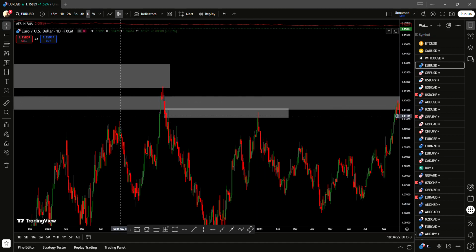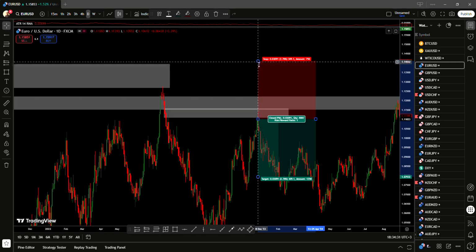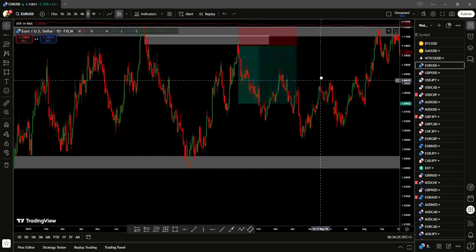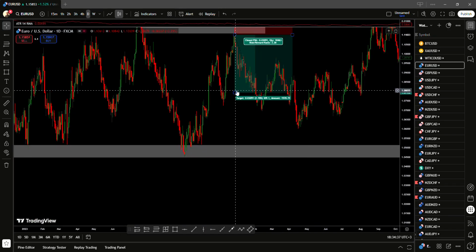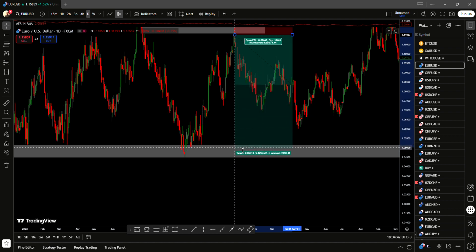And remember, this is also a support zone, or it is a place of support. So people who trade support and resistance, simple. Enter from there, stop losses above the resistance zone, and then you target the previous support, which is supposed to be here.